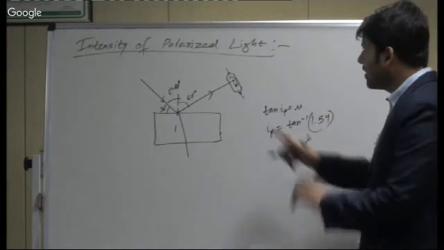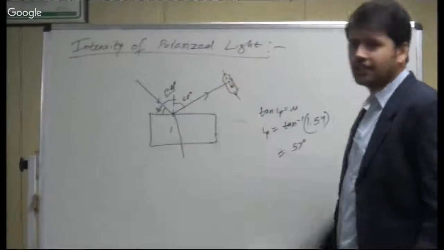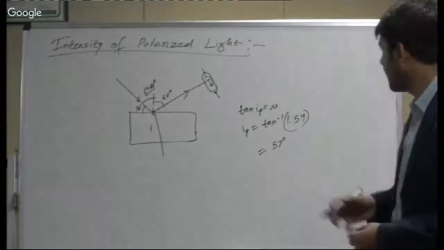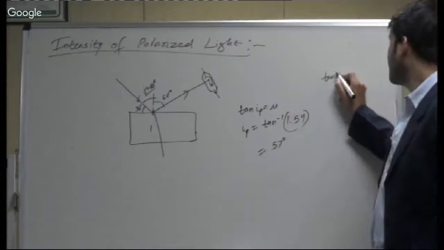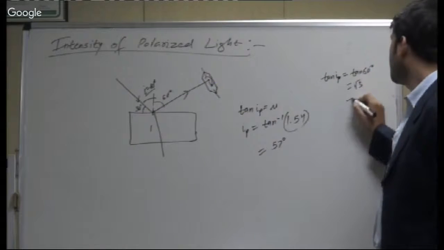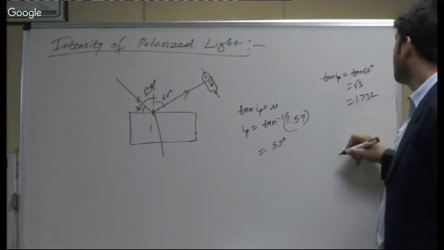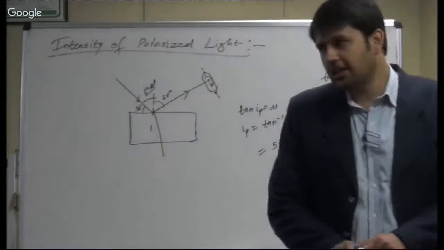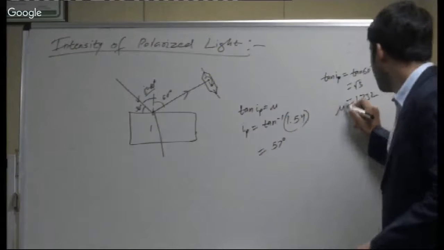If we assume 60 degrees is the polarizing angle, then tan IP would become tan 60, or √3, that is 1.732. So if 60 degrees had been the polarizing angle, the refractive index would have been 1.732.